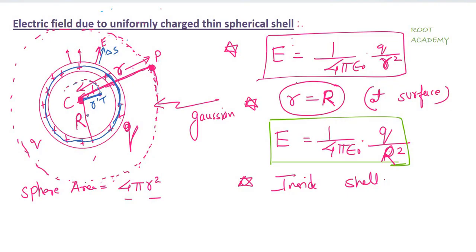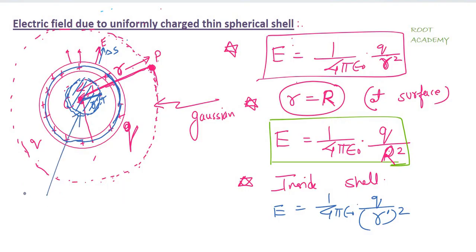So if I assume there is a Gaussian surface inside of radius r dash, what will be the electric field? 1 upon 4 pi epsilon naught Q by r dash square. Correct? But the point to be noted, this is the inner Gaussian surface that we are assuming for inside.